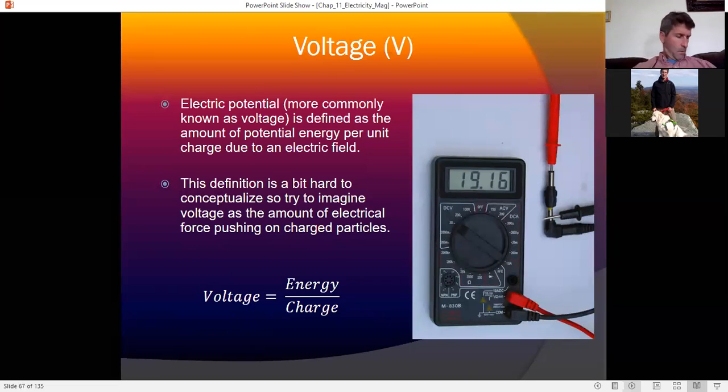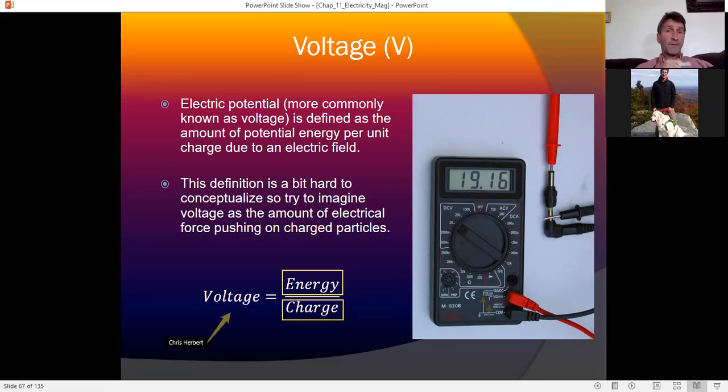Now, we're well aware of the concept of energy. Energy is always conserved. The energy that goes into a system is equal to the energy that comes out of a system, right? If I look at how much energy I have for each piece of charge, that is called voltage.